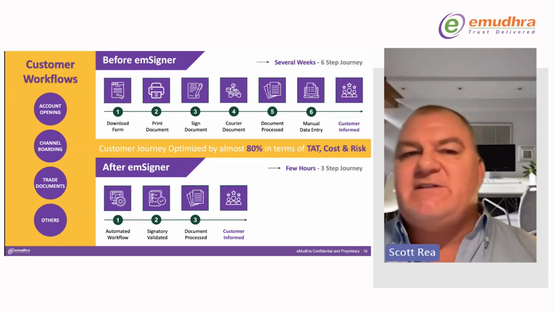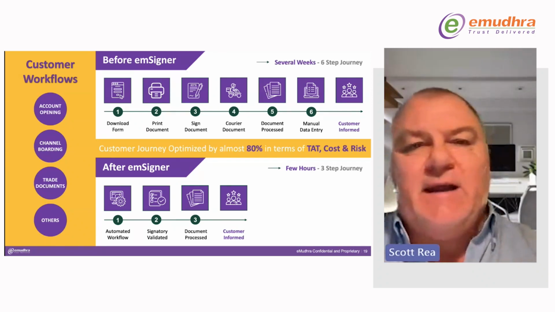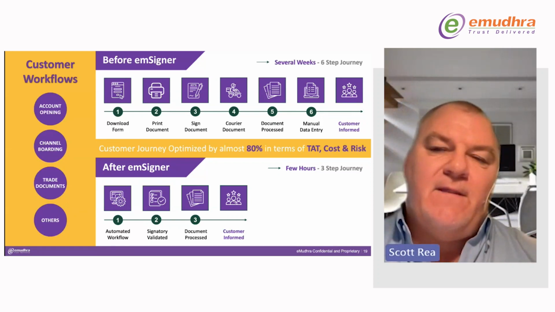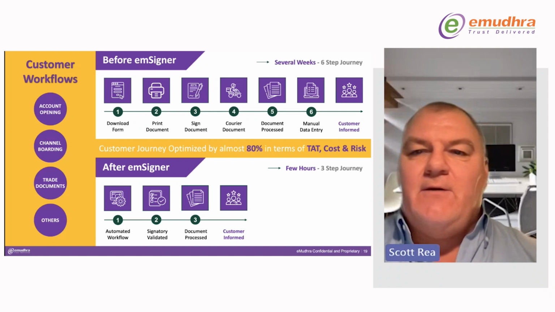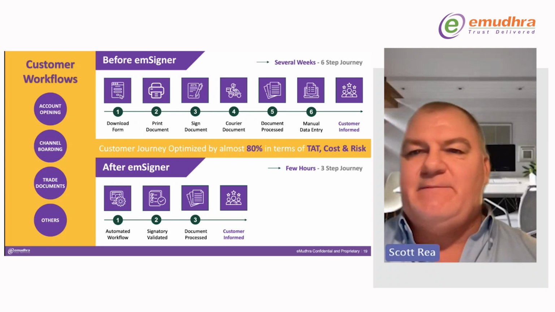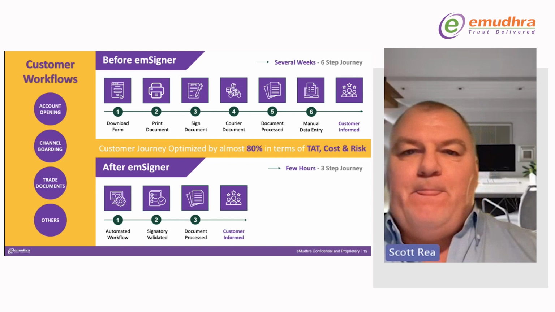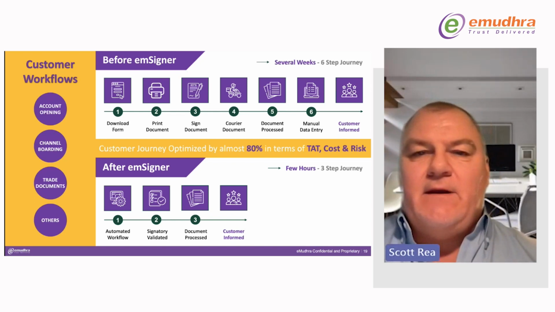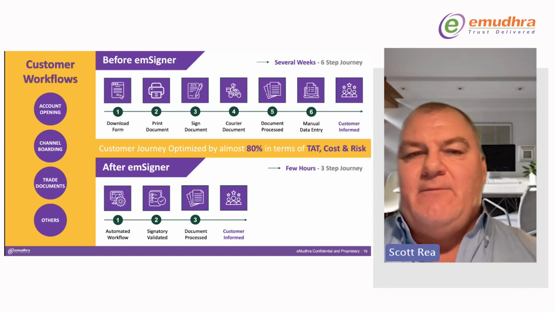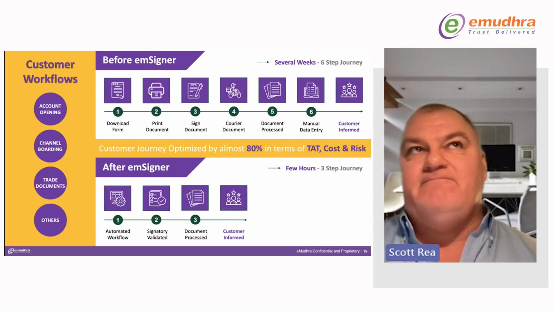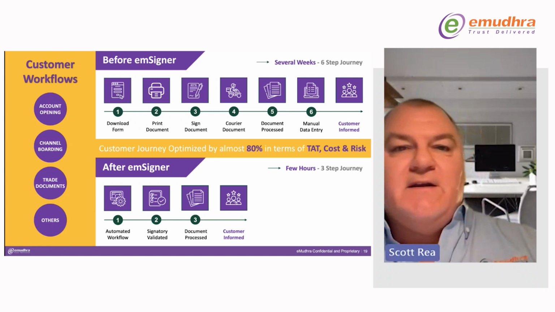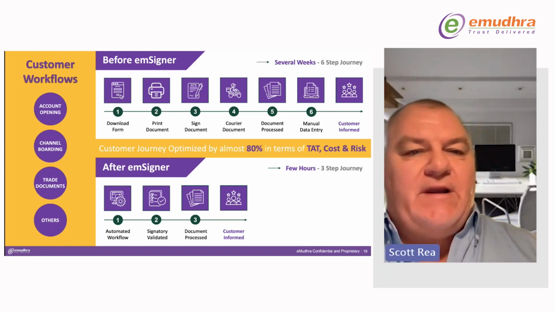The typical customer journey for onboarding somebody and allowing them to execute one of the products or services with the bank is typically a long process with many steps. When you're dealing with some combination of paper and digital transactions, we typically find it's a 6-step process, and it takes several weeks to onboard a customer.